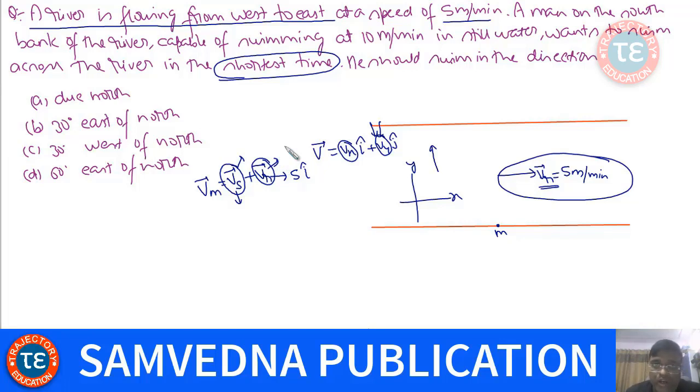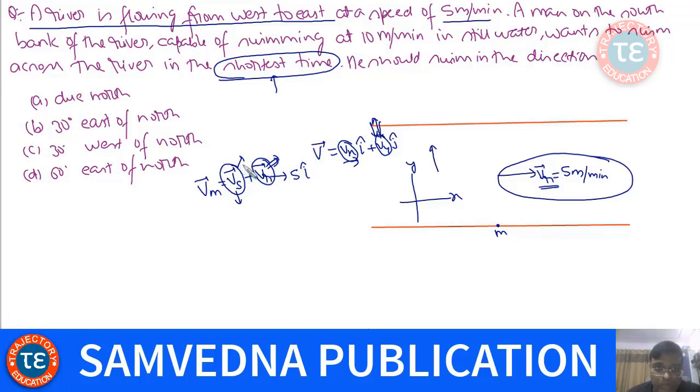All the VR is in the x direction, and in order to swim in least time, this Vy has to be highest, because only motion in the y direction is going to contribute in crossing the river. The motion in the x direction is not going to contribute, and we are seeing that VR is lying in the x direction, so it has got no contribution in Vy.